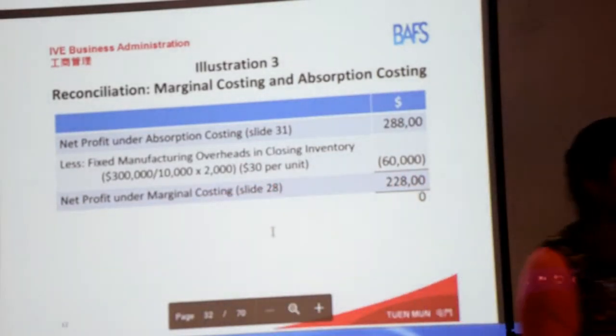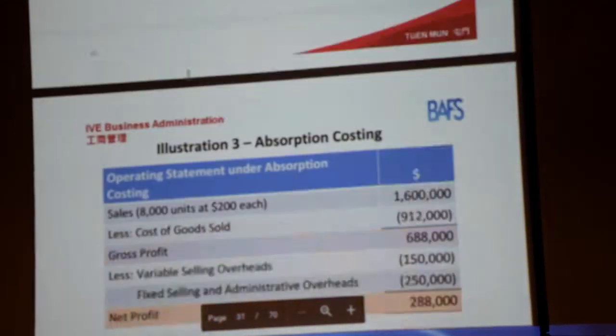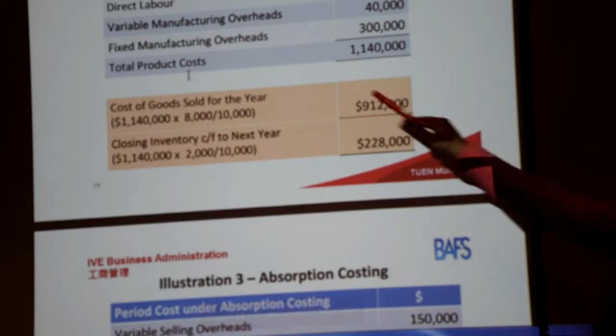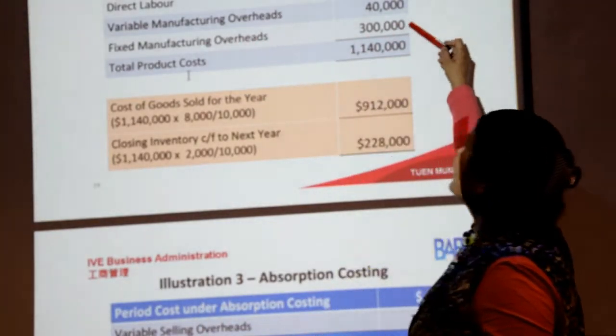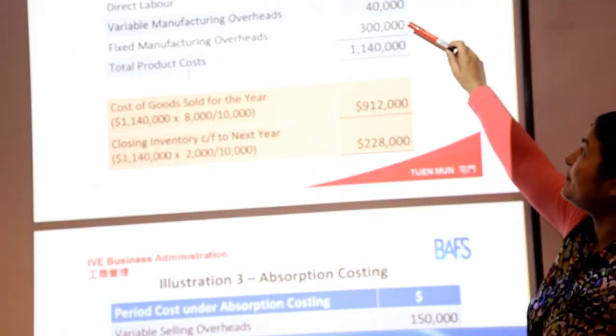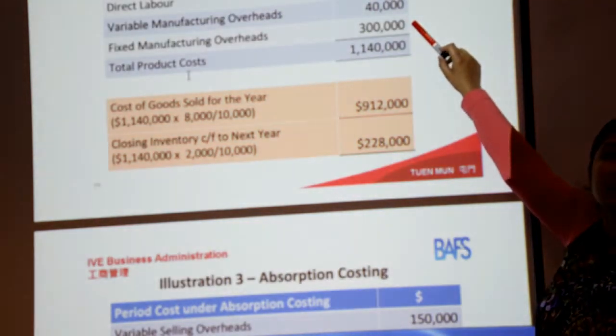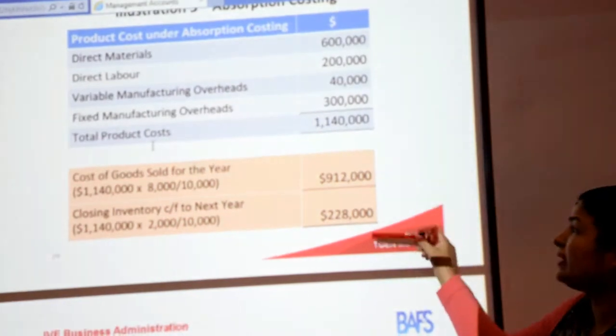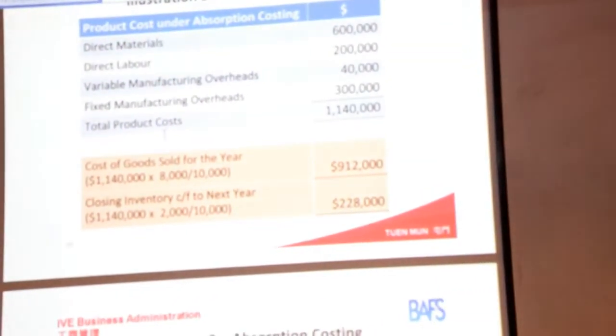It is in the question, where it says fixed manufacturing overheads 300,000. We have treated this as a product cost under absorption costing, whereas we have treated it as a period cost in marginal costing.